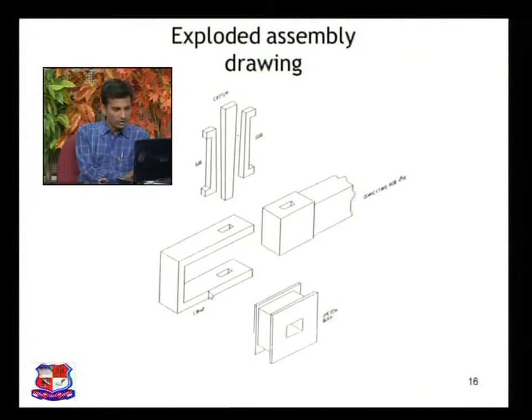These both are assembled over here, and through this gap this quarter and 2 gibs are inserted. So with the help of this exploded assembly drawing, any layman can understand how it is going to be assembled and what are the internal dimensions and shape of individual components.